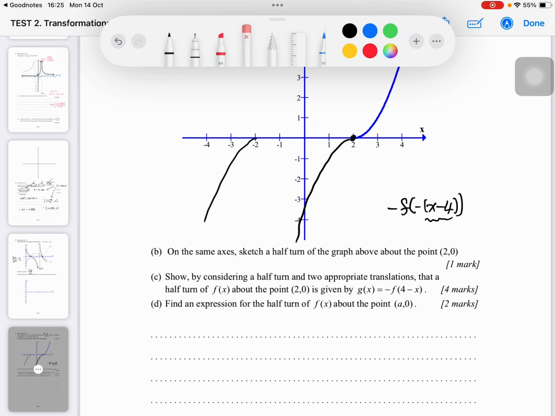And find the expression for the half turn of f of x about the point a comma 0.